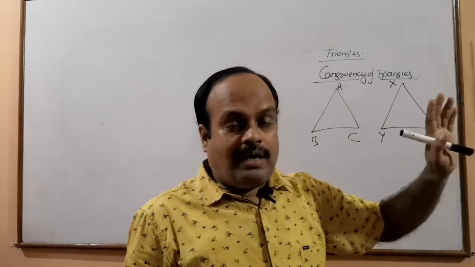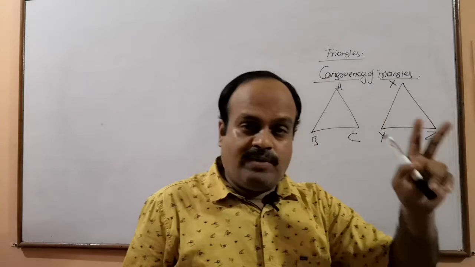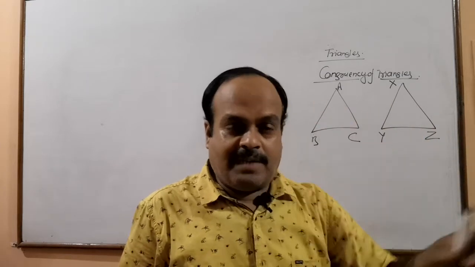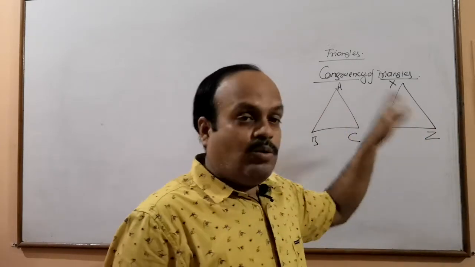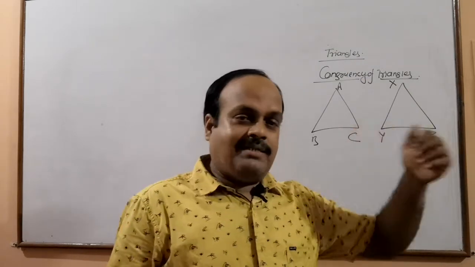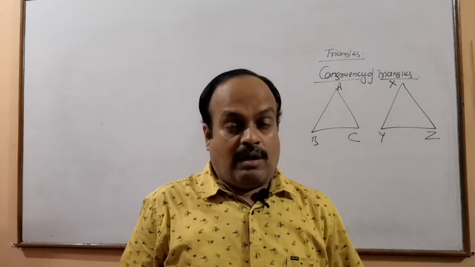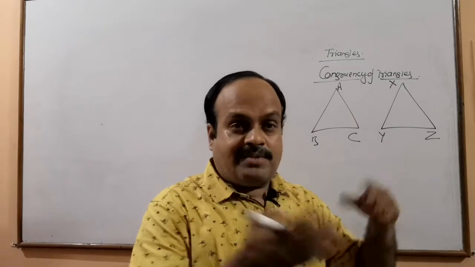Now, I said that two triangles or two figures are said to be congruent if they have same shape and same size. So these will be congruent only when the triangles have the same shape and same size. Now how to make out whether the triangles have same shape and same size?